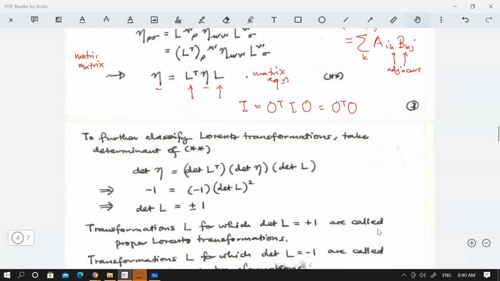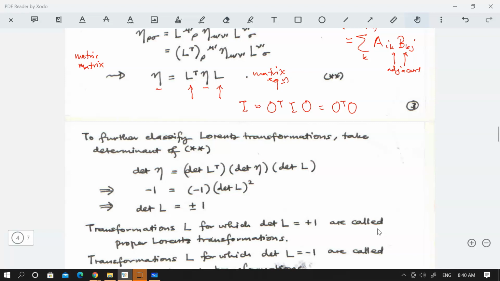So let's study this so-called Lorentz transformation that we are going to use inside special relativity a little bit further. Since this is a matrix equation, I can take the determinant of this equation. The determinant of eta must equal the determinant of L transpose eta L, the product of these three matrices.